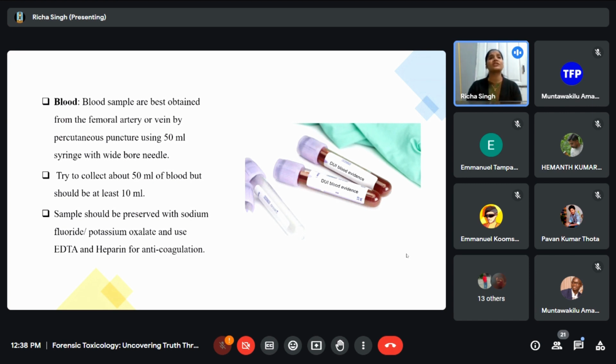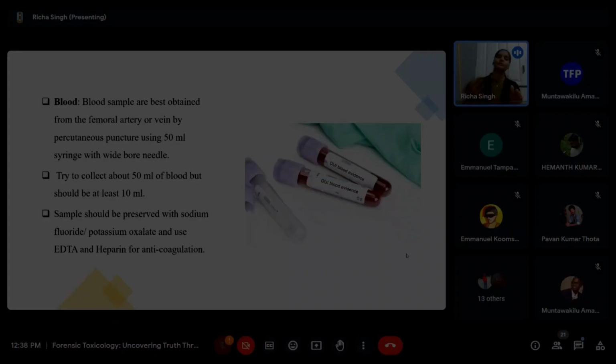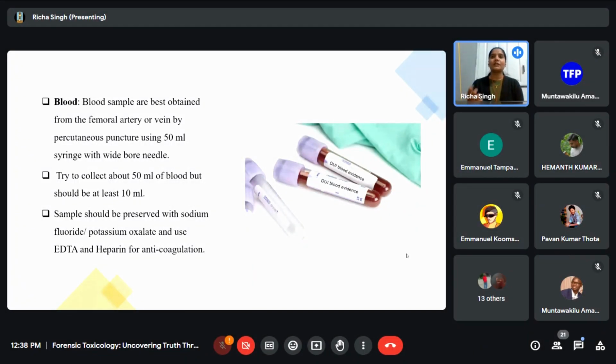We are always supposed to have a control sample to make sure that the result we're getting is correct. And then we have two more samples, the one which we will be using for the analysis, and the second one is in case the first sample gives you a false positive result, you have a separate sample which you can use for further analysis or for rectifying your mistake.